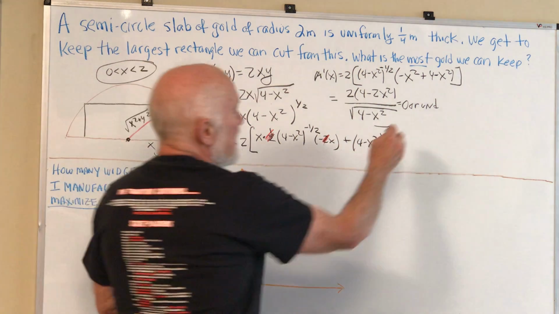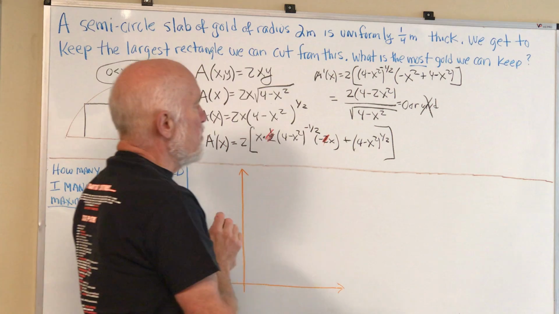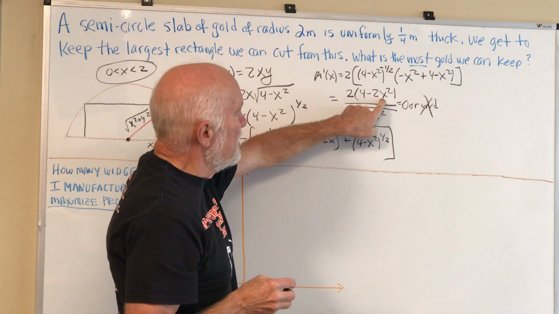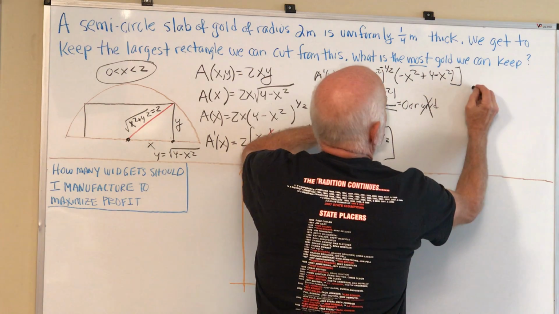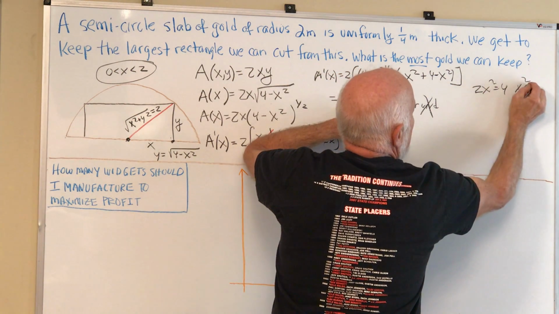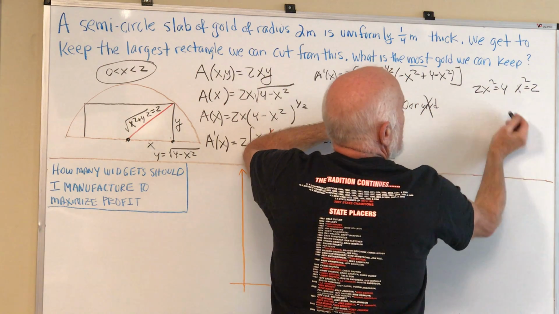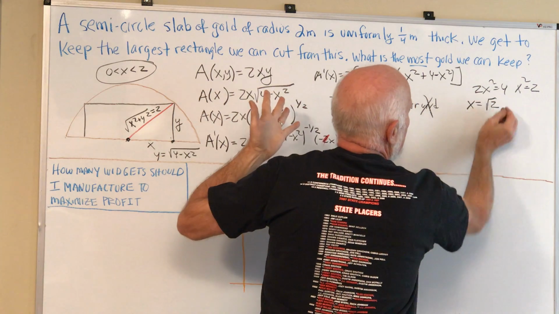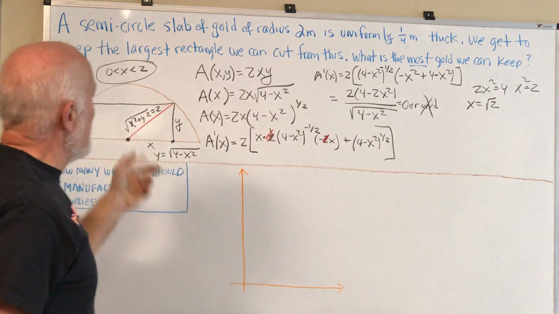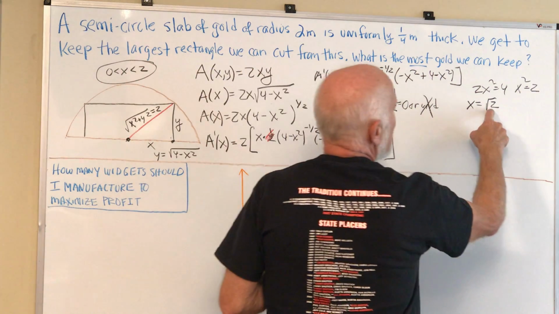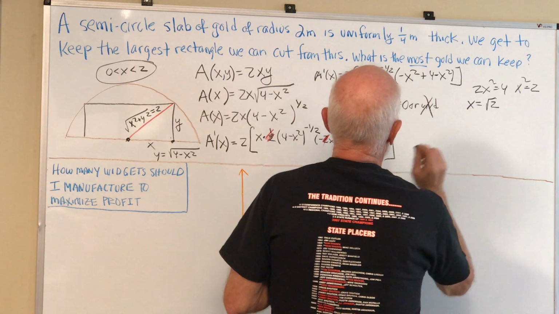So it's never really going to be undefined in our domain. But it's going to be 0 when this equals 0. So when 2x squared equals 4, or when x squared equals 2, or when x equals plus or minus the square root of 2. But minus the square root of 2 is not in our domain. So my only critical point is the square root of 2.